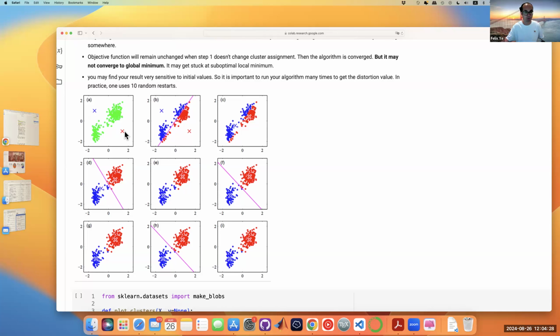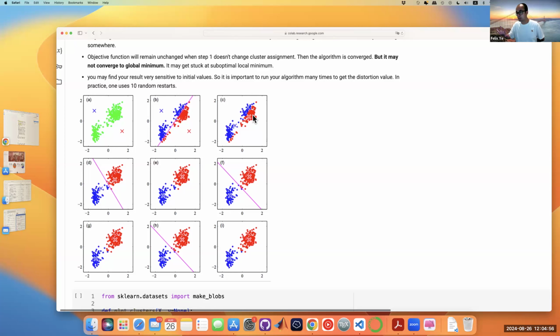This one will correspond to cluster red. What you do is assign all the points that are close to this blue cross to the blue cluster, and everything close to this red cross to the red cluster. So now your cluster blue is like this, and this is your cluster red.